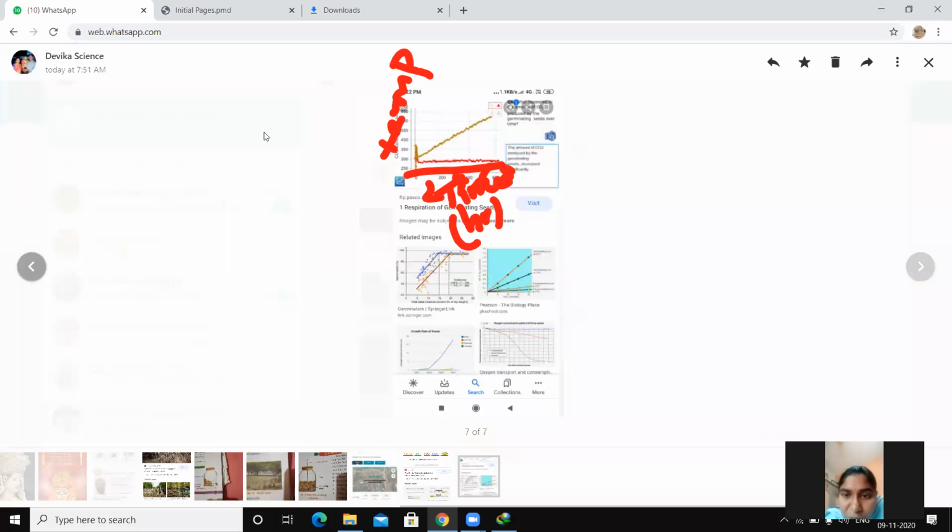You had to see whether the temperature is increasing steadily or not. In both the cases, the carbon dioxide evolving will also take place steadily. Temperature also will rise in a steady manner. There is no case of sudden increase in temperature. That thing you had to observe while doing the experiments.